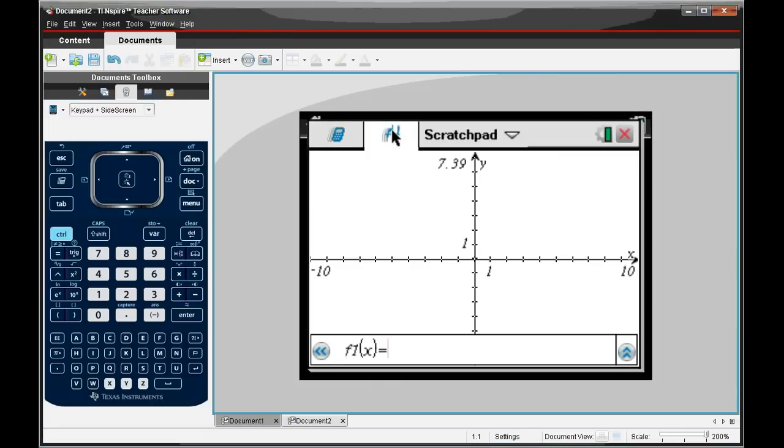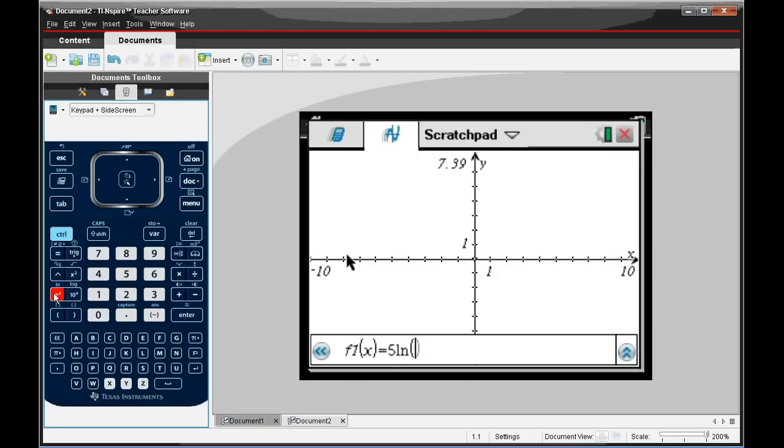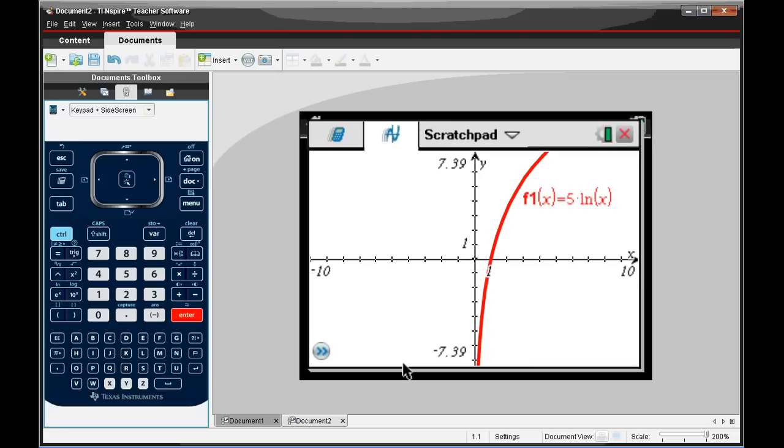Okay, so switching over to a graph. So we'll have 5 times ln, which is above that e to the x. So we're going to go control, there we go, ln, so we'll have of x. So there's that left-hand side. And then hit tab to get another line.